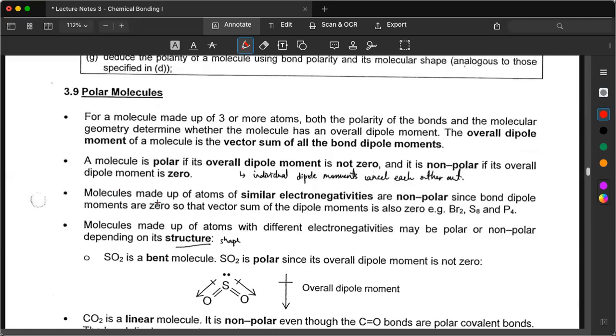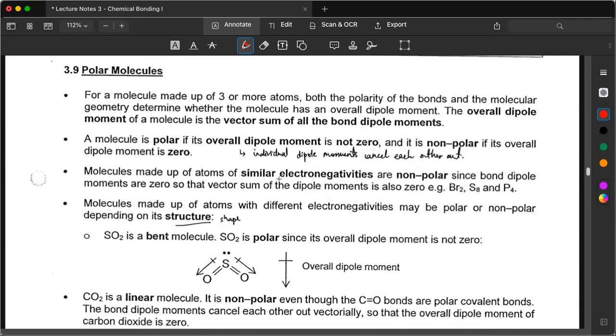So, molecules made up of atoms of similar electronegativity are non-polar, since the bond dipole moment will be 0. So the vector sum of the dipole moment is also 0. If you have the same element, it is definitely a non-polar molecule.